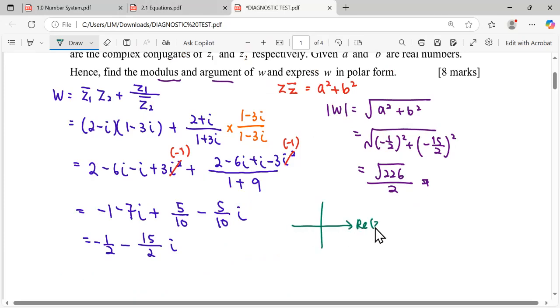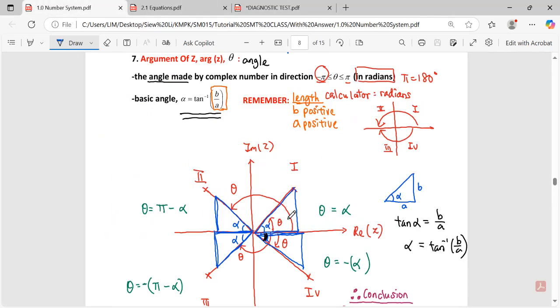This is the real part and this is the imaginary part, to know which quadrant my complex number falls in. So real part negative 1 over 2, imaginary part negative root 15 over 2, will be quadrant 3. So in that quadrant, the argument theta, you look at here, in quadrant 2, it will be pi minus alpha.